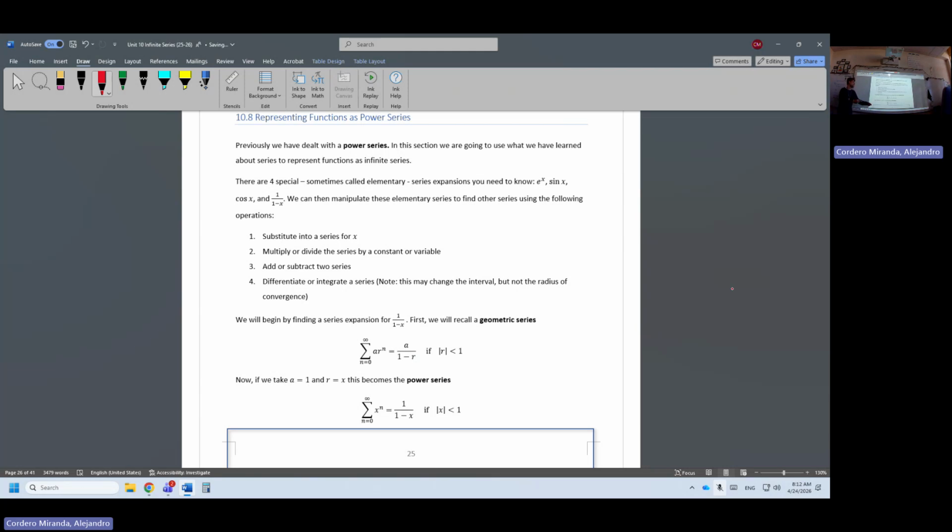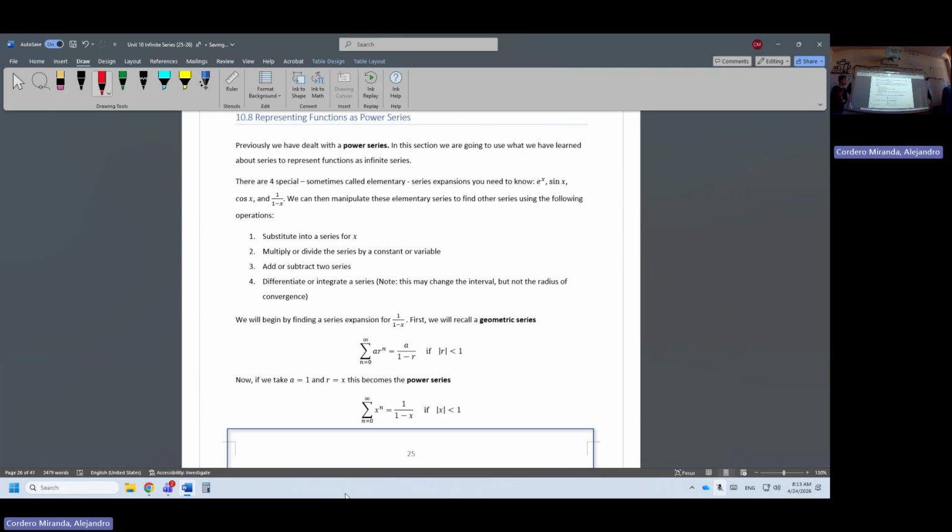Now you're going to talk about infinite polynomials, but it's not any different. It's the same exact process. And then the other difference between 10-8 and 10-6 is that this one focuses on the 4 most important, most applicable, most special power series that you have to know.